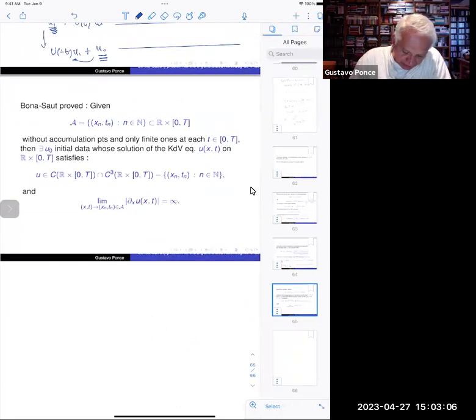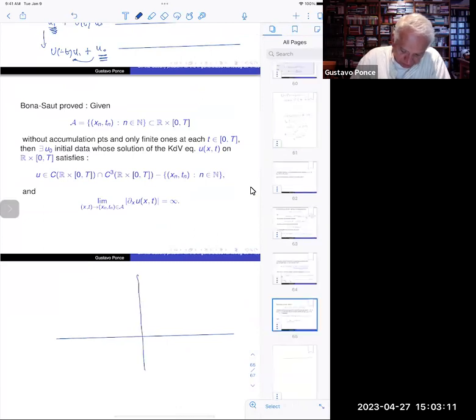For the KdV, Bona and Saut proved the following.